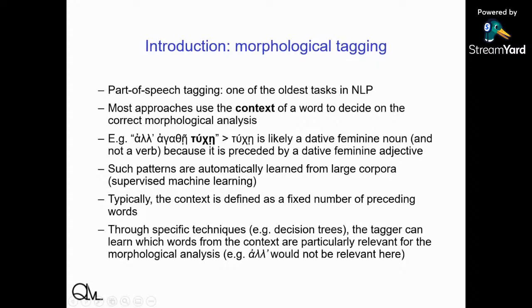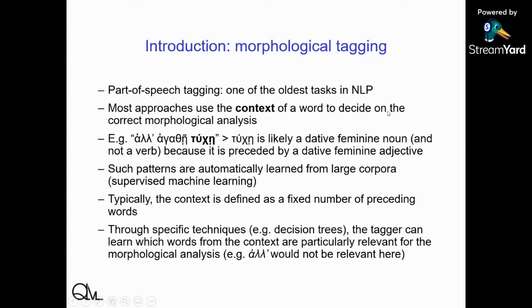And these patterns are automatically learned from large corpora using supervised machine learning techniques. So we have a large corpora where we have all kinds of patterns like dative feminine nouns are likely to be preceded by dative feminine adjectives. As for the context, it is of course a very vague term, but it's typically defined as a fixed number of preceding words, like the four preceding words, for example.